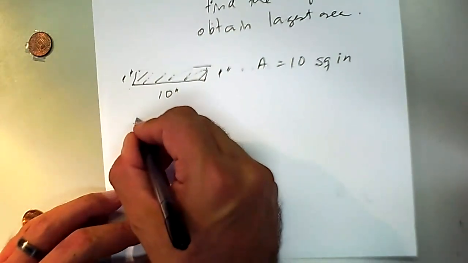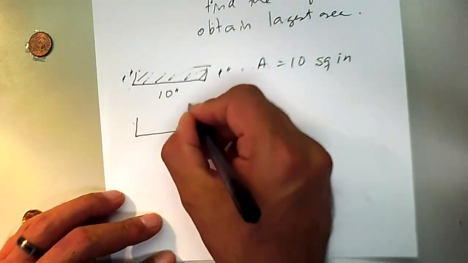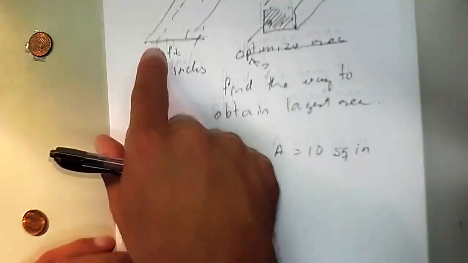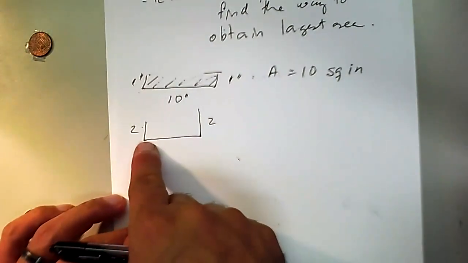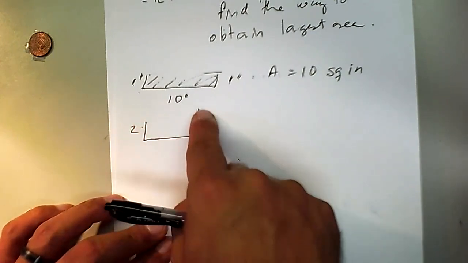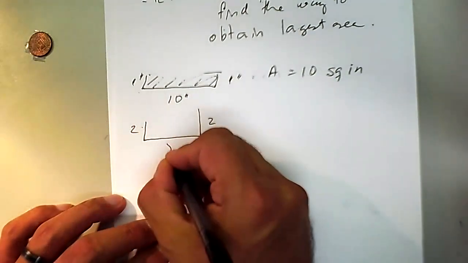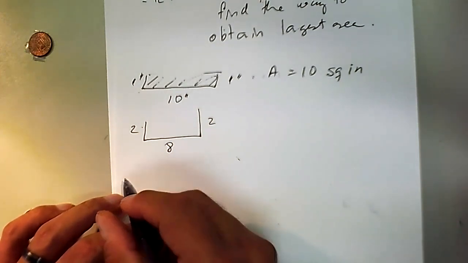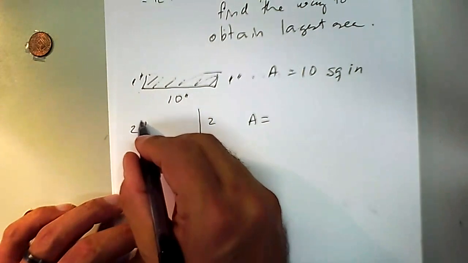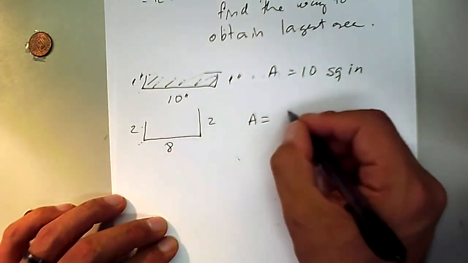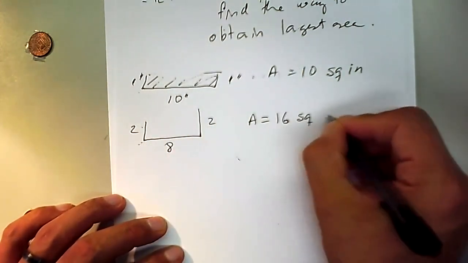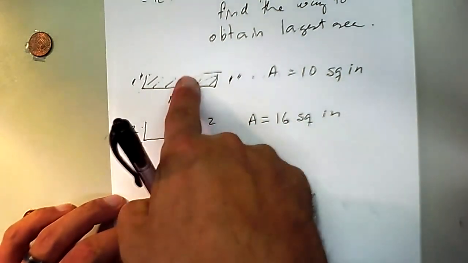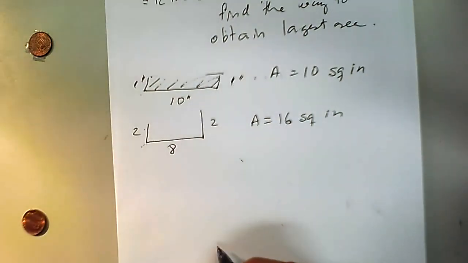If you do 2 and 2, then we start out with 12 inches across, and you fold 2 one way and 2 the other way, we're going to end up with 8 inches. So the area is going to be 2 by 8, base times height, 16 square inches. Okay, so this is better than that if I want to have more area.